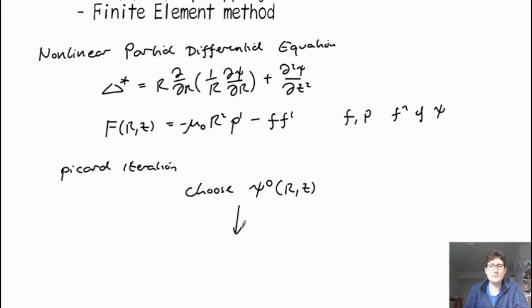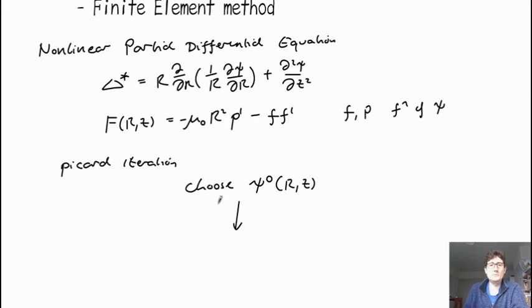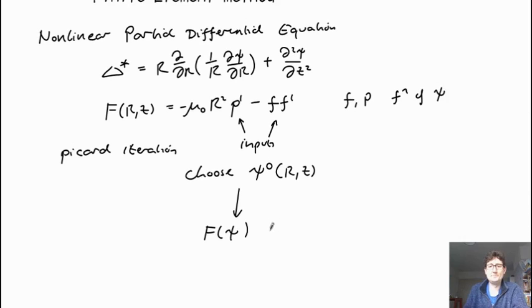We then put this in to calculate this right-hand side, using the specified input functions, so we know what p as a function of psi and F as a function of psi are. This lets us calculate something as a function of R and Z.